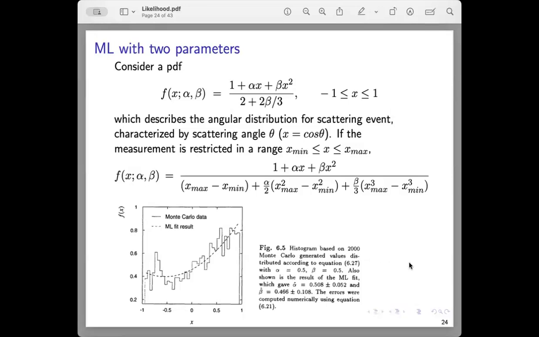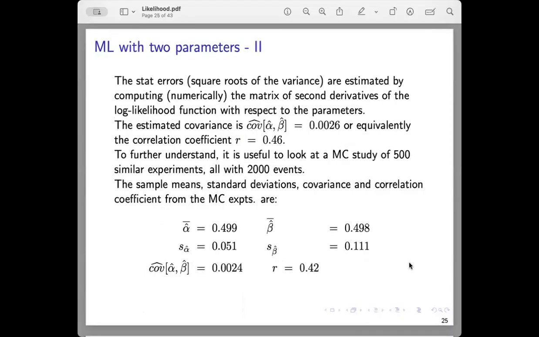Okay, now we can see what the errors are. The errors quoted there are estimated using this RCF method, where you can compute the double derivative of the likelihood function with respect to the parameters.